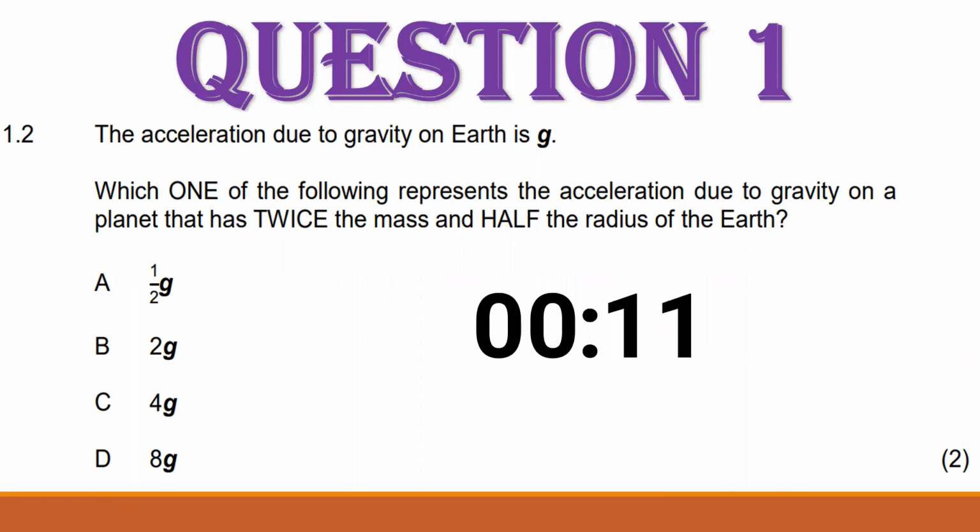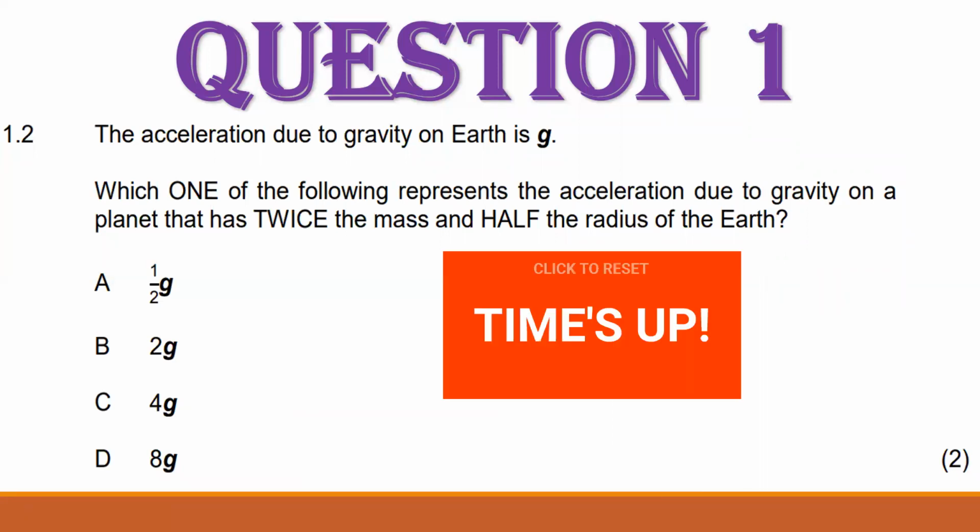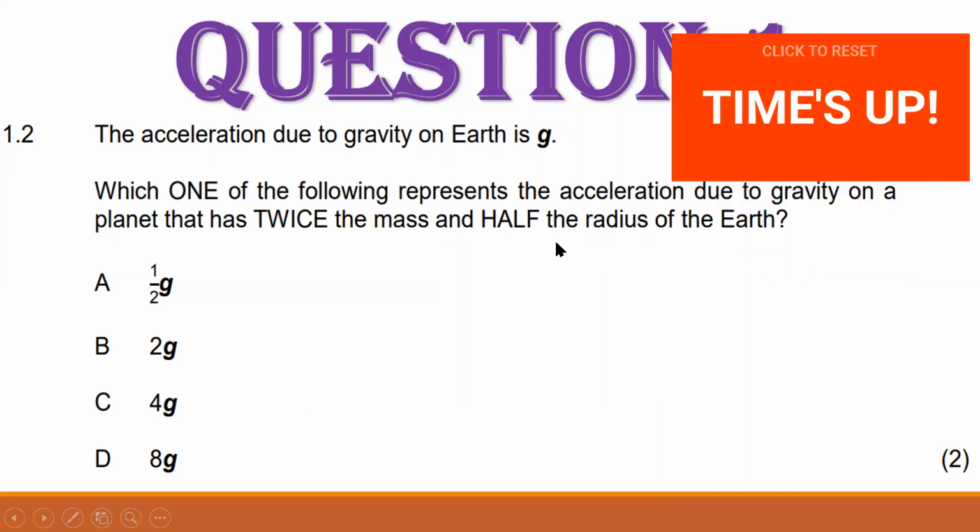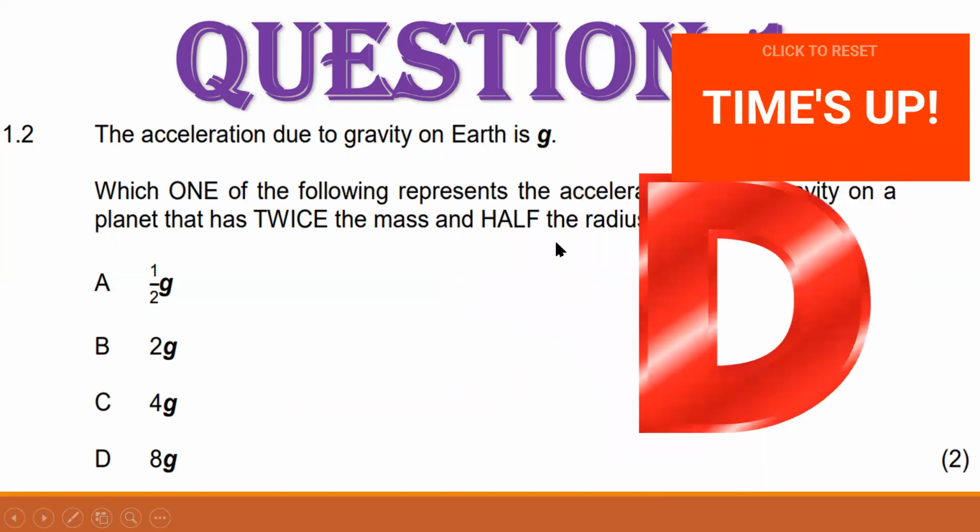If you change mass twice and make radius half, what's going to happen? New gravitational force. Just think about that. Earth is getting twice mass and half radius. What's going to happen if you do that? Answer is coming now. D.